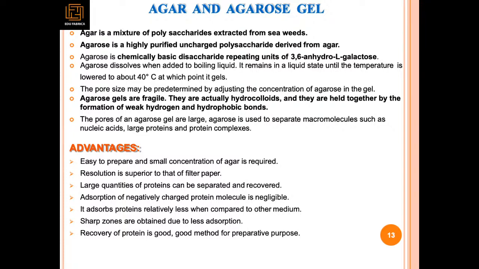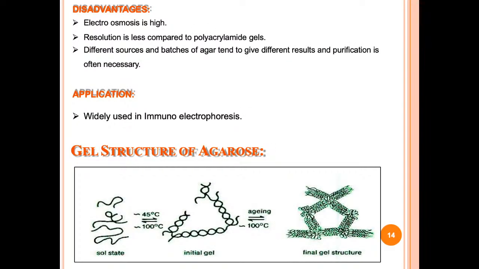Agarose dissolves when added to boiling liquid, and it remains liquid until the temperature is lowered to 40 degrees Celsius, at which point it gels. Agarose gels can be broken very easily, as they are hydrocolloids held together by weak hydrogen bonds and hydrophobic bonds. So in a sense, for your gel, it is better to use agar gel than agarose gel.